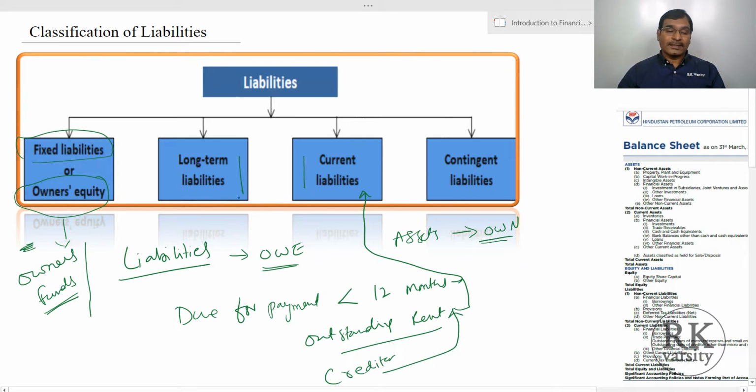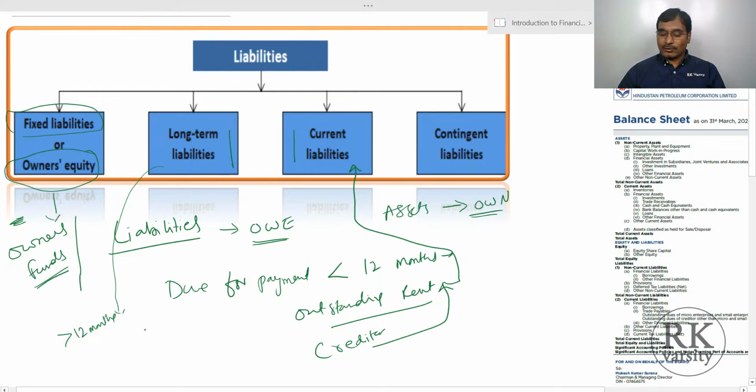On the other side, long-term liabilities are those for which the payment is due after 12 months, or more than one year. Suppose you borrowed a term loan from a bank, let us say a term loan for 5 years. This is a loan which has to be paid in the next 5 years, so this is a long-term liability.